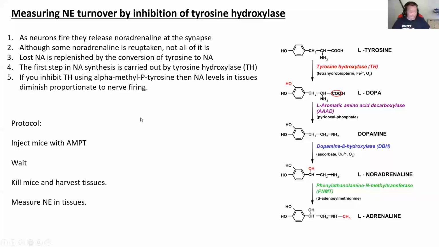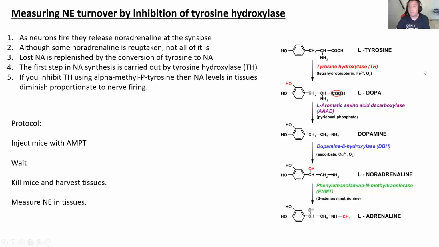What you could do instead is a much simpler experiment, which is to measure norepinephrine turnover by inhibiting tyrosine hydroxylase. So as neurons fire, they release noradrenaline at the synapse. And although some of this noradrenaline is reuptaken into the synapse, not all of it is. And the lost noradrenaline is replenished by the conversion of tyrosine to noradrenaline through this pathway, from tyrosine via L-DOPA, dopamine, to noradrenaline, and in some cases, ultimately to adrenaline.